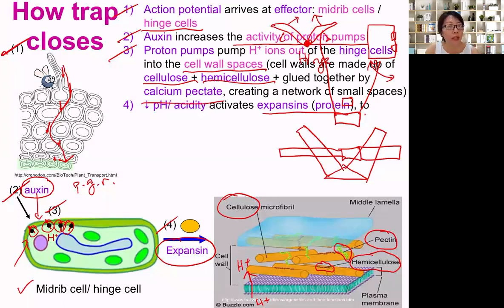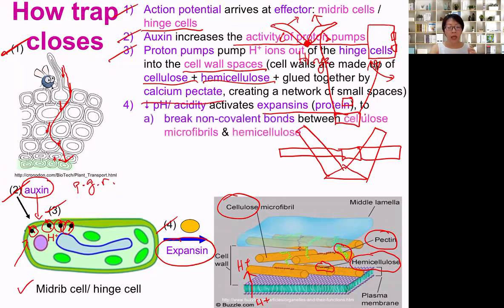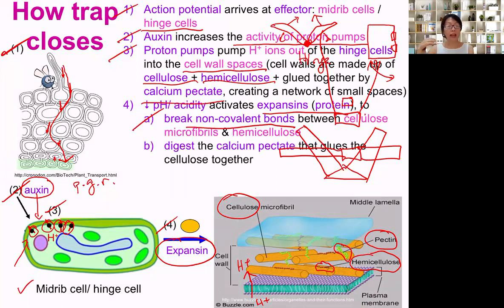Now the cell wall cannot expand because all the cellulose are held together by hemicellulose and pectin. So when expansin comes in, how does it help the cell wall to expand? It will break down the non-covalent bonds between the cellulose microfibrils and the hemicellulose, and it will also digest away the pectin, which glues the cellulose together.